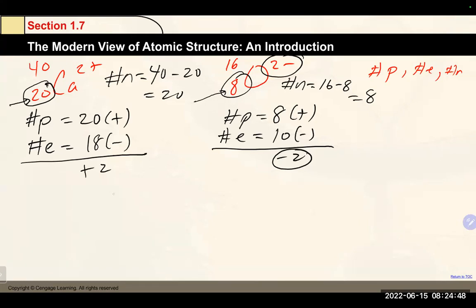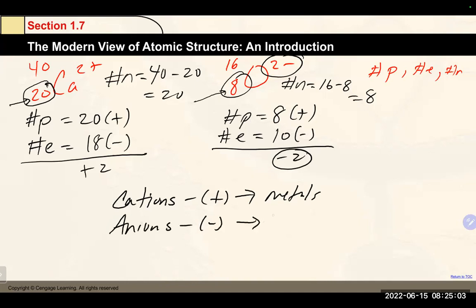Typically speaking, cations, as we'll talk about in some later chapters as well, which are positively charged guys, these are typically metals. Anions, which are again our negatively charged guys, these are really non-metals. And that's why, as we'll talk about in a later chapter, that is the basis of an ionic compound, which is basically a metal and a non-metal when they come together.